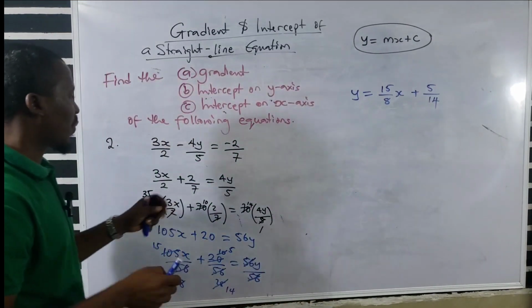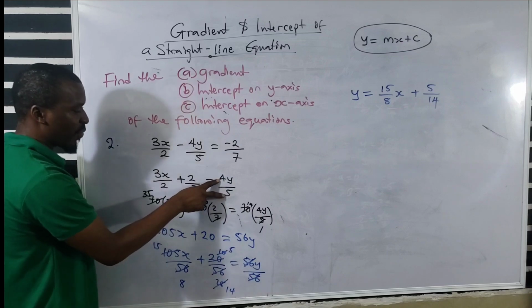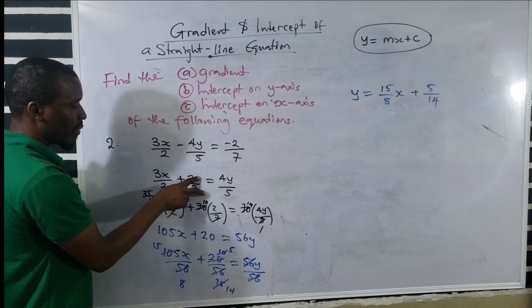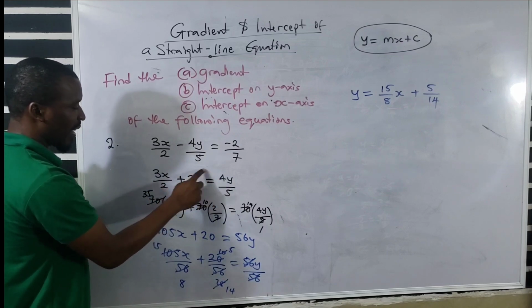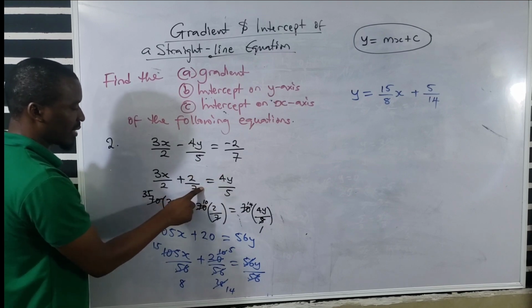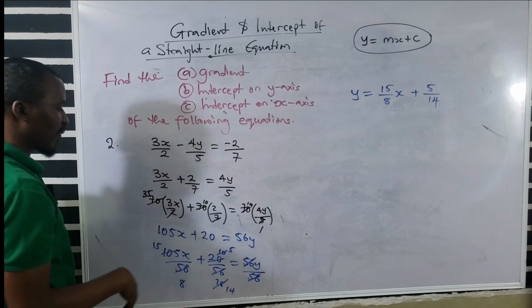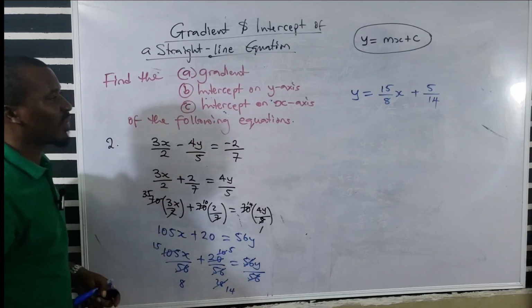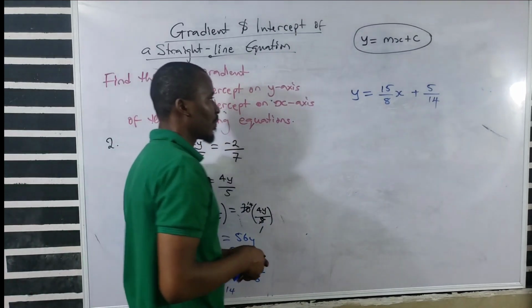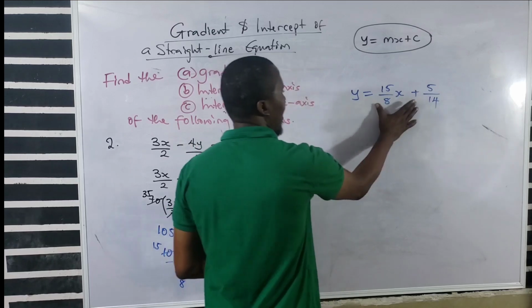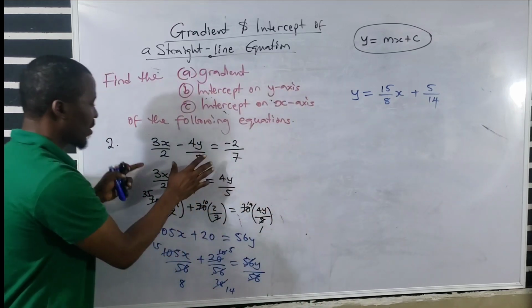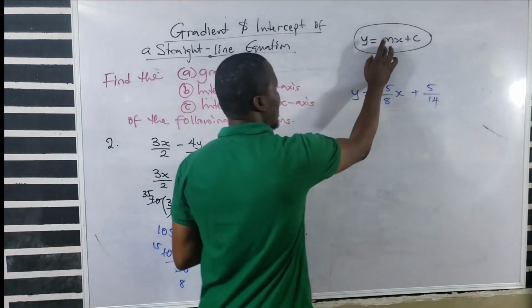Now, had it been that we multiplied by 5 over 4, 5 times this would give us 10, and 4 times this would give us 28, which you can still divide, so it will still give us the same value there. So we have expressed this equation like this now.